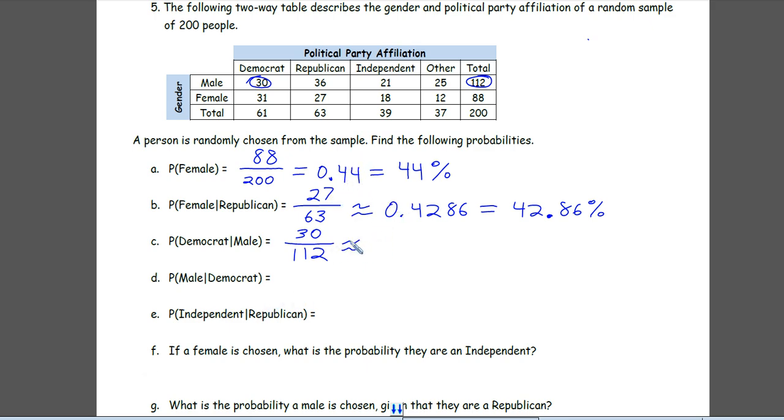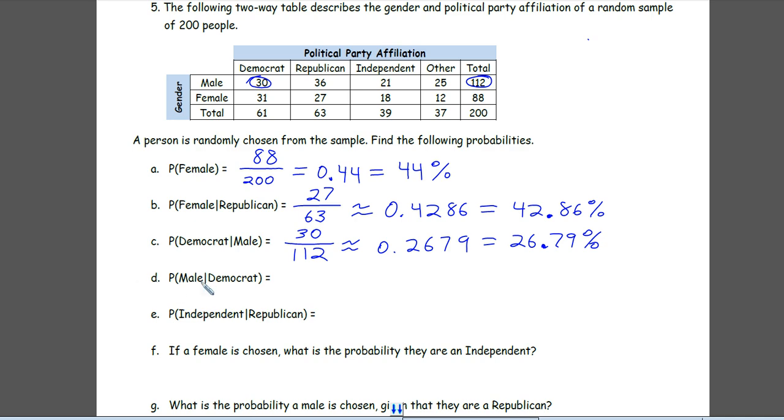Plugging that in, doing that division in our calculator, you should be getting 0.2679. And in percent form, that's 26.79%.